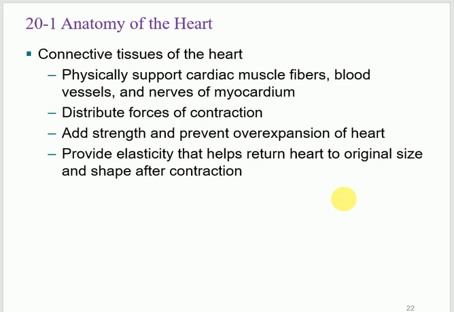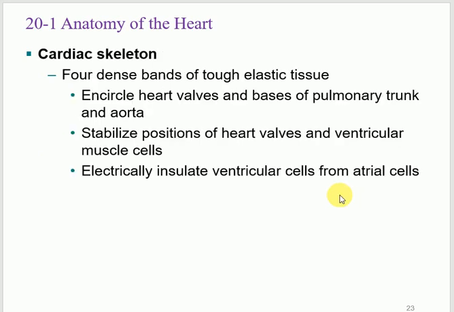It should be limited. Otherwise, if you put too much blood under pressure, like if somebody has hypertension, and there is no restriction, it can rupture. So in order to avoid overexpansion, you have to have this connective tissue surrounding and restricting the heart. There is also a cardiac skeleton, which is another connective tissue, and this is more for stabilization and to keep the valves in place.